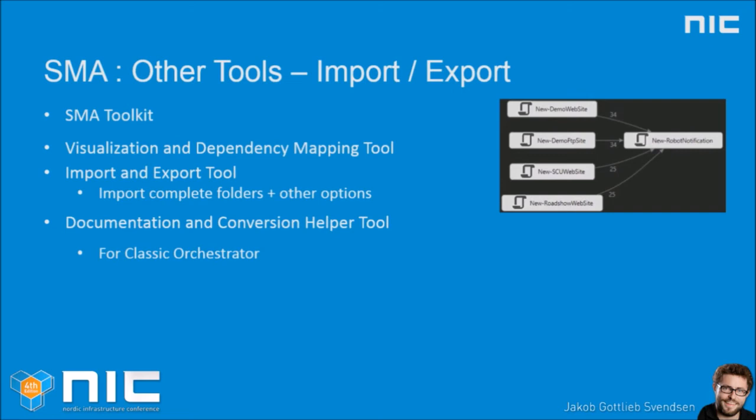Because the hard thing about doing automation is usually to get the right logic into your runbook. I mean, the right process, then the right logic. But when you already have a pre-made runbook, it's not that hard to rewrite it in another language, if you actually know that language, of course. But there is this helper tool that can help you convert it into a PowerShell script, and then you can write from there.